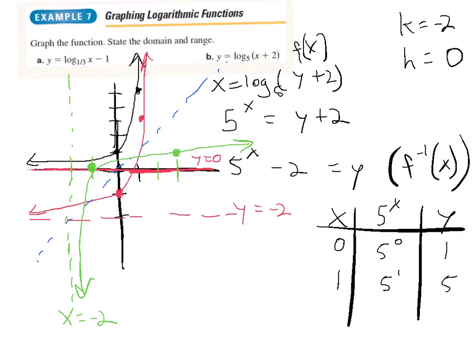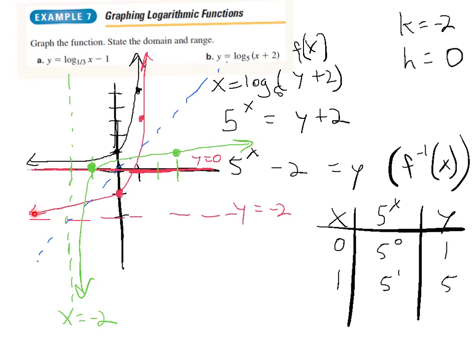So we have our black graph that represents the original exponential function, where we have 5 to the x. Then we shift that according to our k, which is -2, and that becomes the red guy.